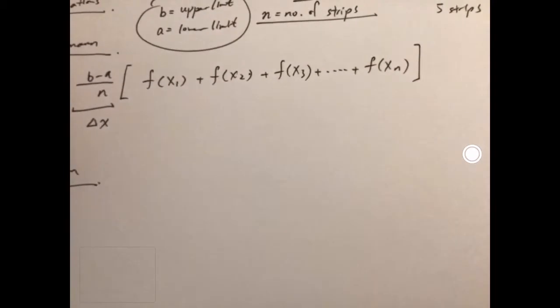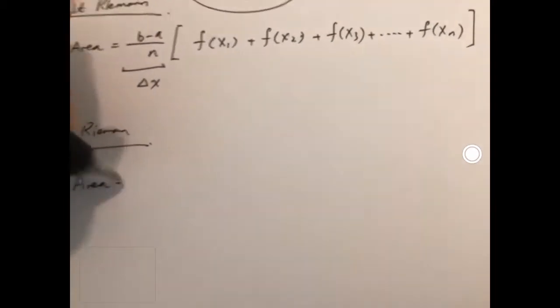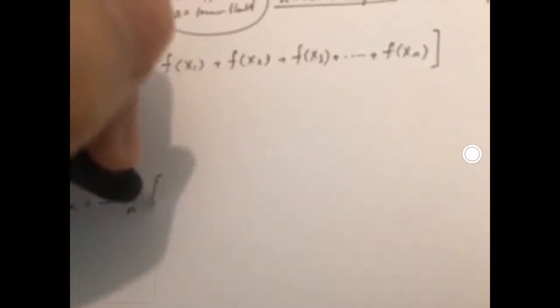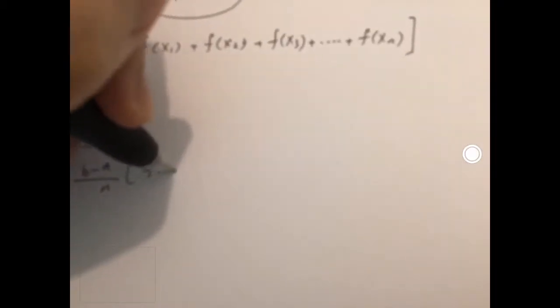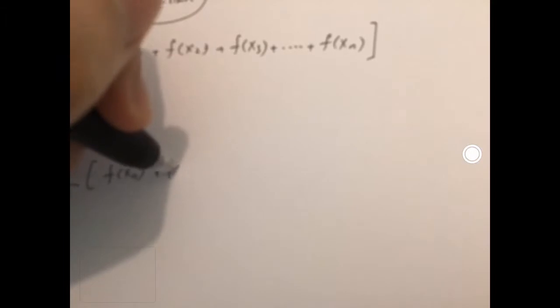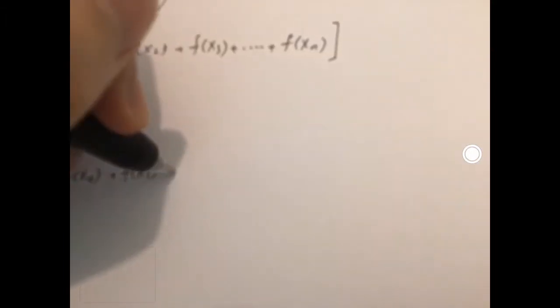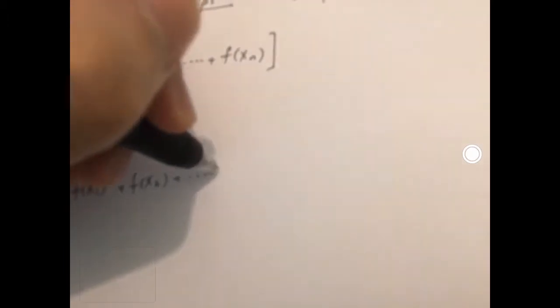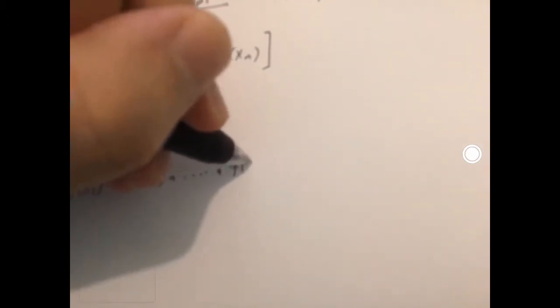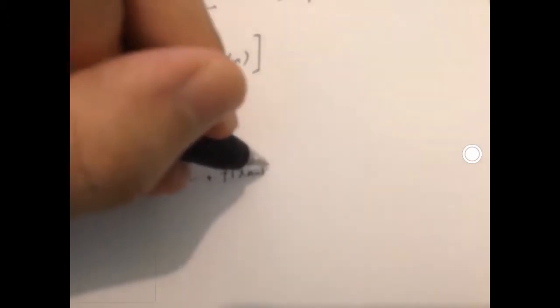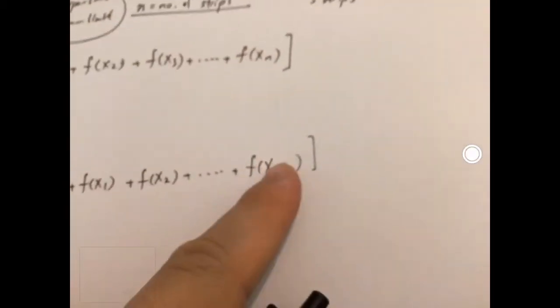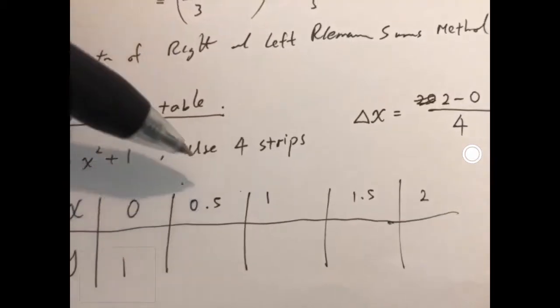Respectively, with left Riemann sum, we ignore the last y value and then we take into consideration the first y values of each split, so to say. And this would be the definition textbook wise. Again, I'll draw a graph of left and right Riemann sum later, to make it more clear. It's much easier hands-on than the definition of the textbook, which is why I'm doing this lesson.